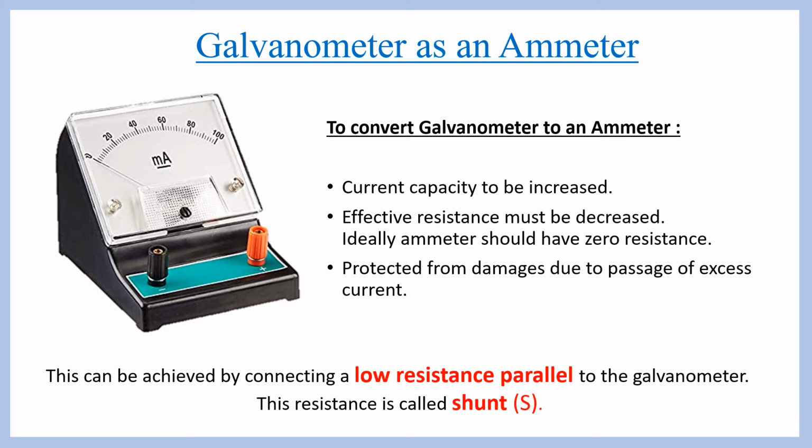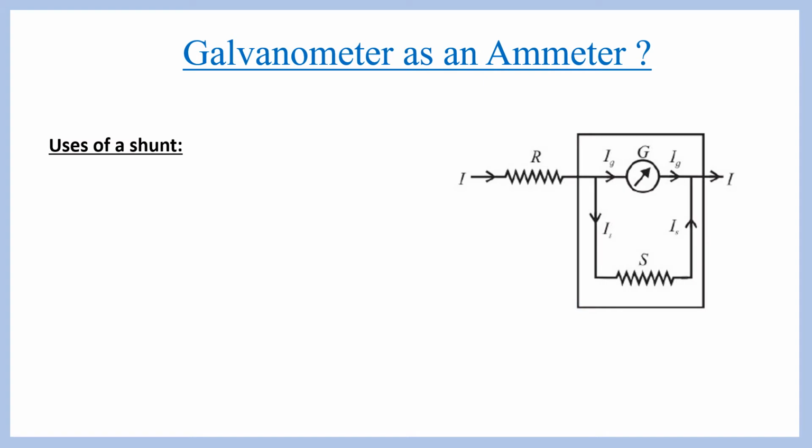That is why we are connecting the shunt in parallel to the galvanometer. In the next slide we will see how the galvanometer connected in parallel to a shunt resistance will act as an ammeter, and what are the uses of this shunt.